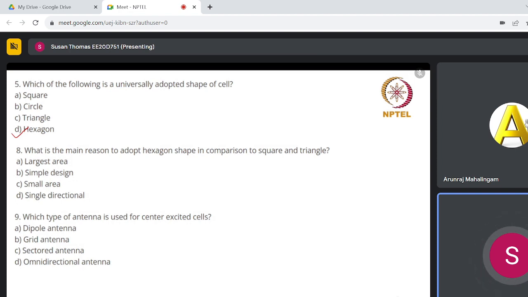What is the main reason to adopt hexagon shape in comparison to square, triangle or circular? Instead of having circular or square or triangular cells, why do you have the hexagonal cells?